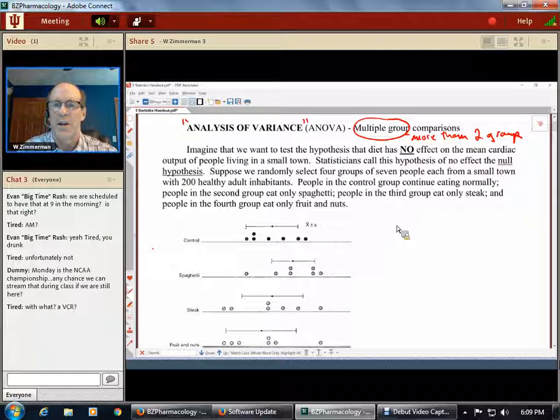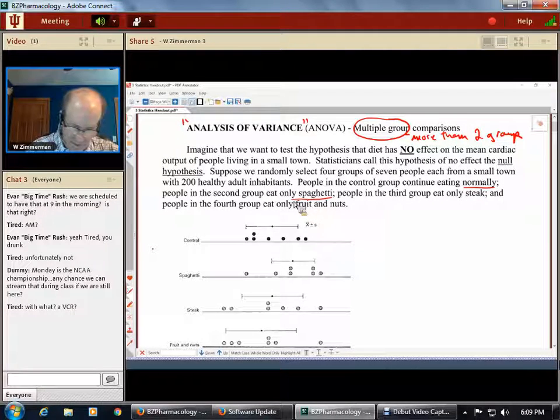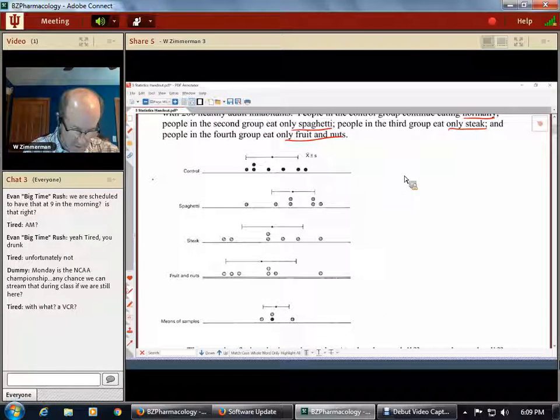But anyhow, we pull these groups out, and we've got people that continue eating normally, people that eat spaghetti, people that eat only steak, people that eat only fruit and nuts. And then we look at the kind of data that we're given. And you're left thinking, well, look at that spaghetti diet. Isn't it a little bit higher? Or is that just due to variability? And that's the question you have to answer.